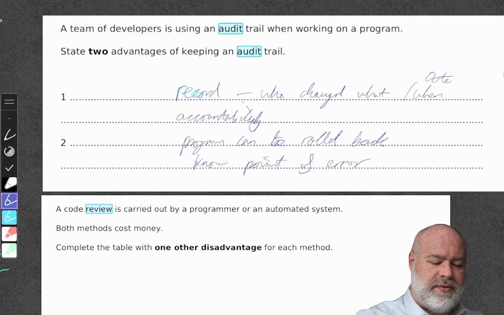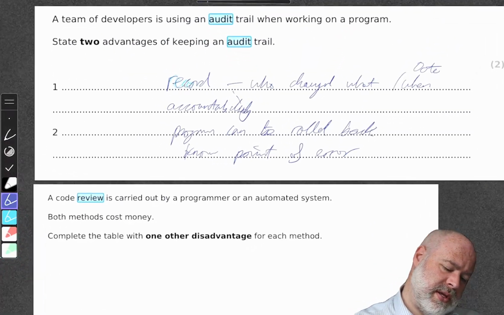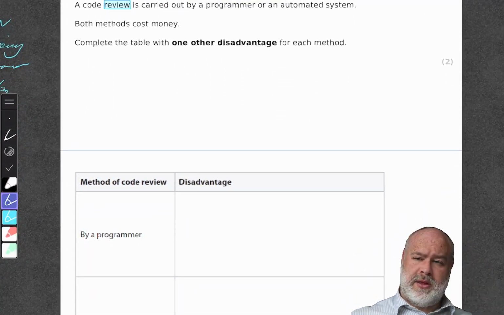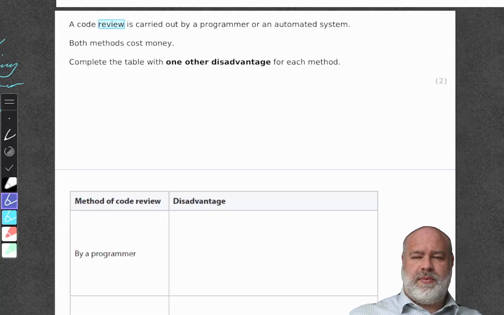So there are 4 different things just straight off the bat that you can answer. You only need 2 to get the 2 marks there, but that would be more than enough, I'd say, for audit trail. And I would have in my mind, as an analogy, something like GitHub, because it's quite a nice way of remembering some of these concepts.